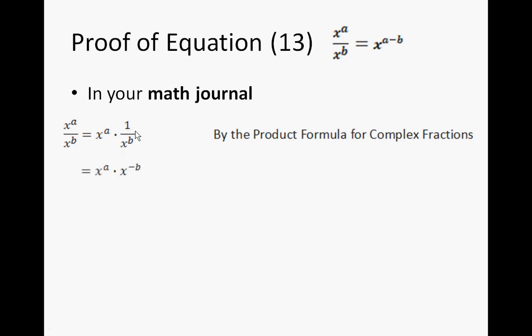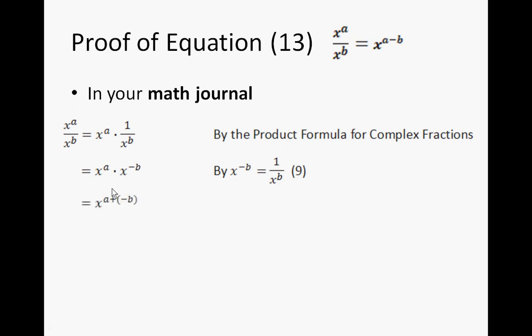Well, then the next step is to write this in another format, which is, by definition, 1 over x to the power of b is the same as x raised to the opposite of b, and that is by equation number 9. We're just going backwards. Instead of starting with a negative exponent and going to a fraction, we're starting with a fraction and writing it as a negative exponent.